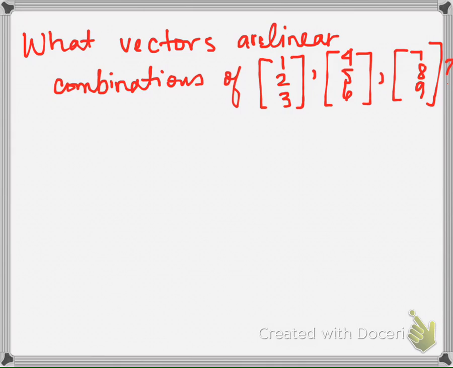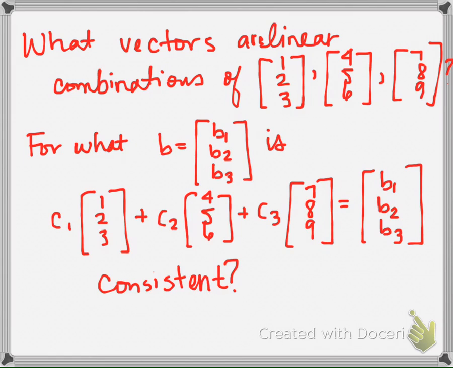That would mean they would be in the span. And this is the same as saying, for what B is c1(1, 2, 3) plus c2(4, 5, 6) plus c3(7, 8, 9) equal to (b1, b2, b3) consistent? Okay, when is that consistent? Notice now we're looking for the vectors B where this is consistent.